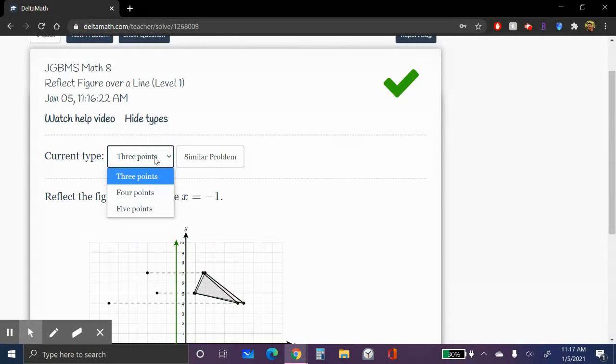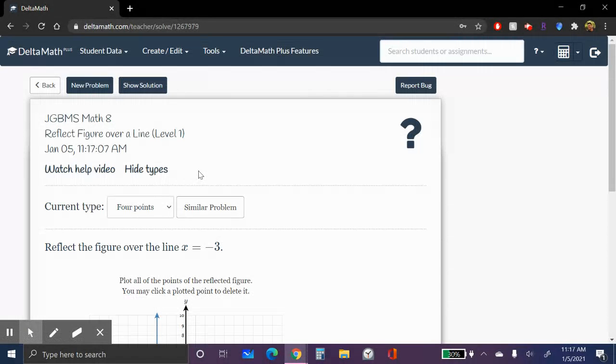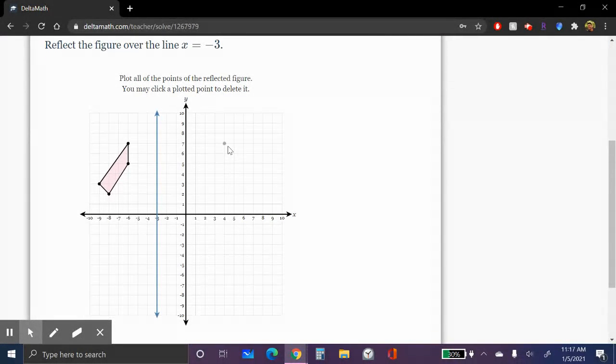All right, we'll do one with 4 points. x equals negative 3. So we have this. 1, 2, 3 for each of the first points.